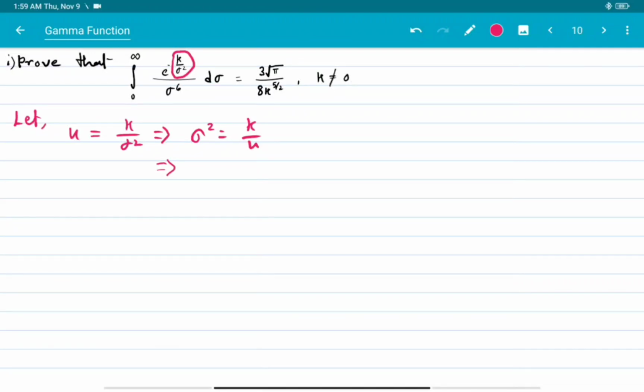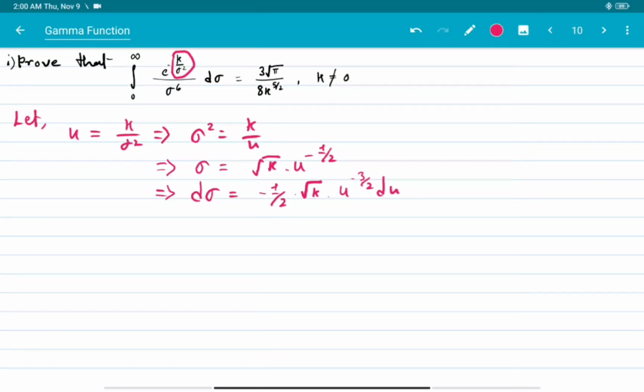So this sigma will be root over k, and we can write this as root over k times u to the power minus half. So if I take the derivative, d sigma will be minus half of root k times u to the power minus 3 over 2 du.